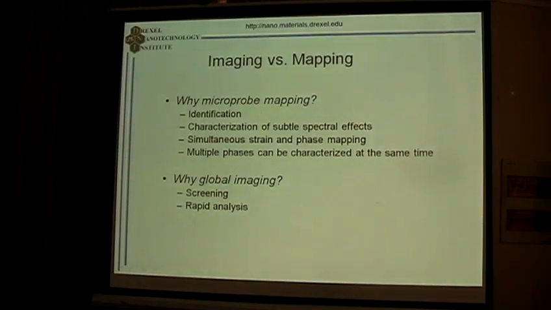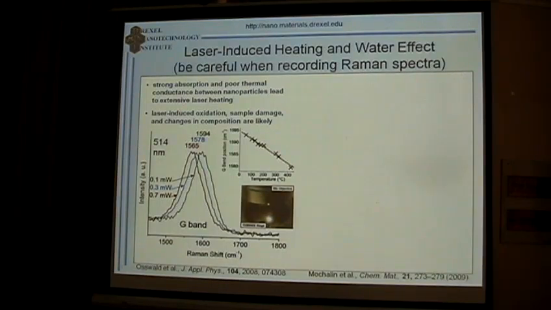So you can do stress analysis, you can look first at the peak of radial breathing modes, after that at the G-band and anything else. So those are useful things that can be done. And of course, you can do nice images with CARS if you have access to a CARS setup, which not everyone does. And this is my last slide on Raman spectroscopy.